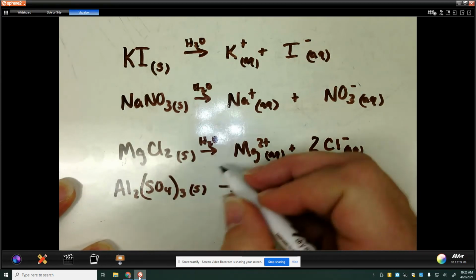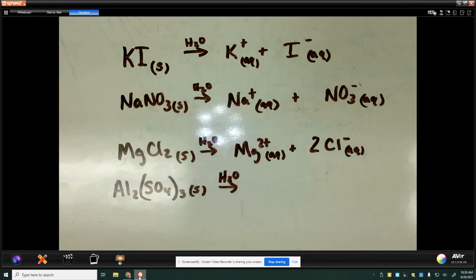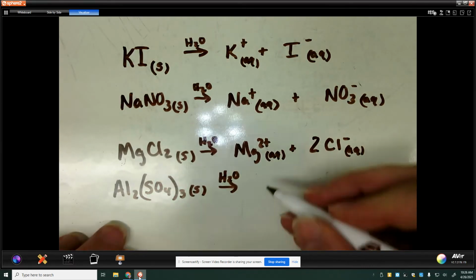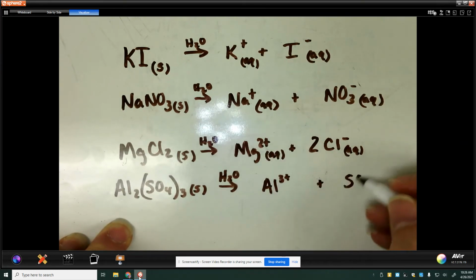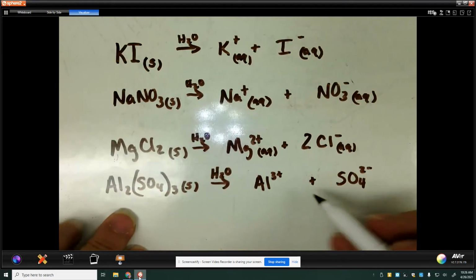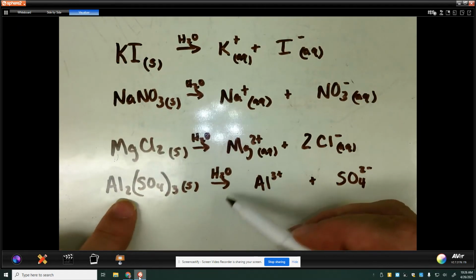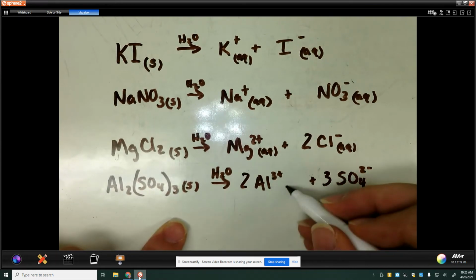Okay, if I were to put aluminum sulfate into water, it's going to split up into aluminum ions and sulfate ions, again with their charges there. But how many aluminums? Well, that would be 2. And how many sulfates? That would be 3.